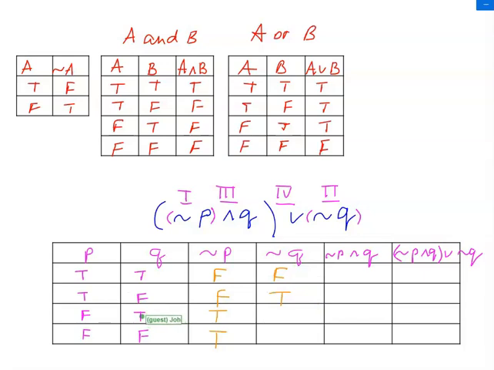Not Q here, it's true. Not true is false. And here, finally, Q is false, so not Q is going to be true. Okay? All right, so that was step number 1, step number 2, now step number 3.